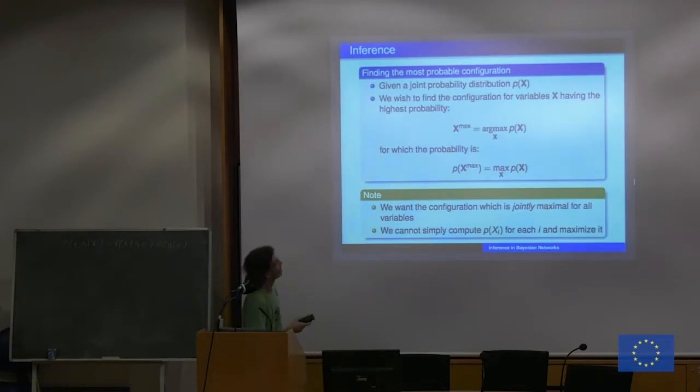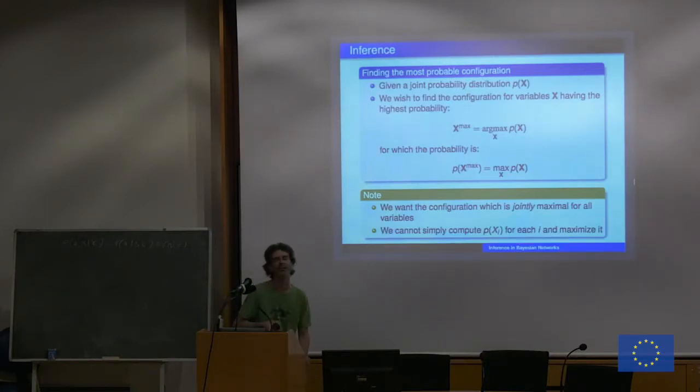Now, finding the most probable configuration means you have the probability, you want to do the max over the variables, and take the variable values that maximize the probability. So do the argmax. And this is the configuration which has maximal probability. Now, what is the problem with this?